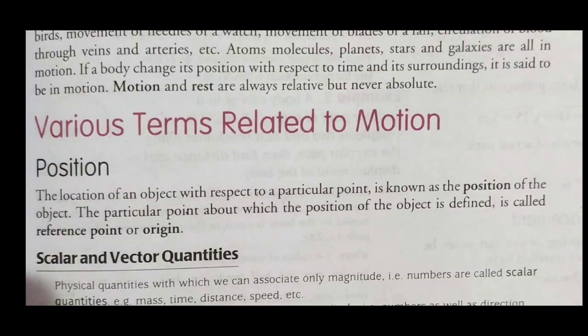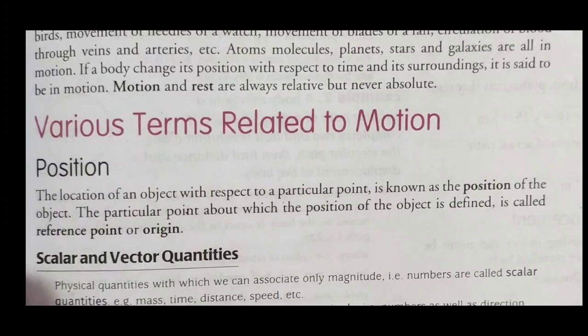The school is 10 kilometers away from my house. So my house is the reference point. The reference point is used to describe the location of an object. An object can be referred through many reference points. The reference point that is used to describe the location of an object is called the origin.